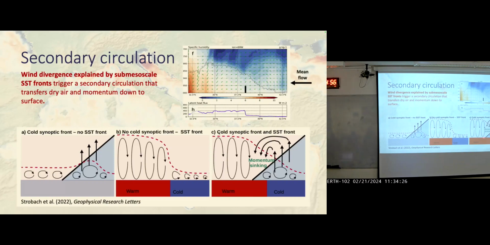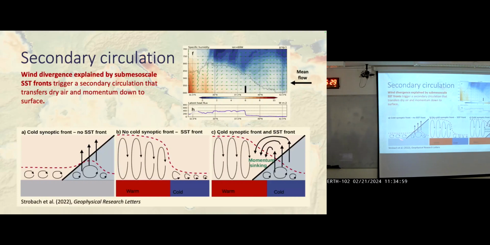So here we're trying to explain this in a schematic. If we have just a cold synoptic front above the ocean without the SST front, we will get upward motion. The cold, denser air will push warm air upward. In case we don't have this synoptic system, but we have the front, we get higher turbulent fluxes above the warm side and higher latent heat.